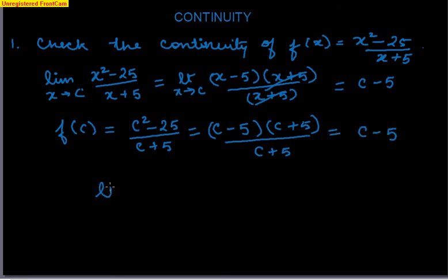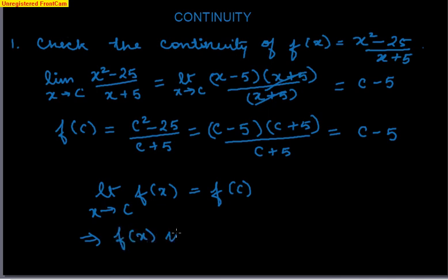Now because the limit x tending to c, f of x is equal to f of c, so we say the function f(x) is continuous.